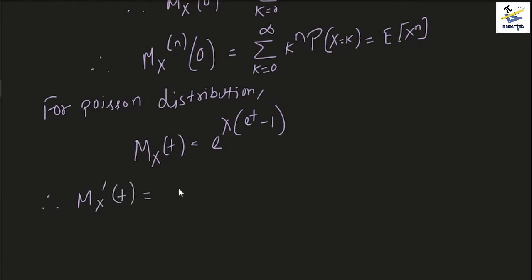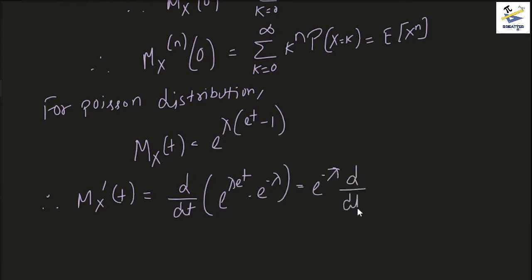The first derivative here would be d by dt of e to the power lambda e to the power t into e to the power minus lambda. So e to the power minus lambda is a constant, so it can be taken out of the differentiation, and what we get is this.